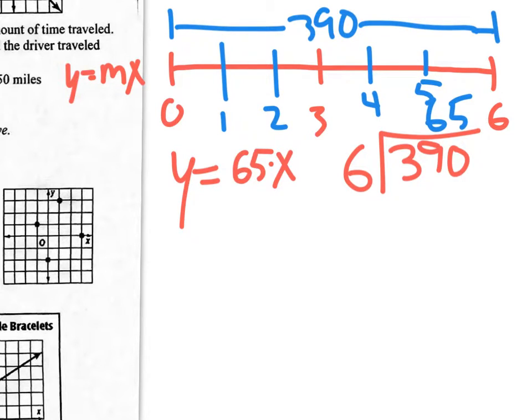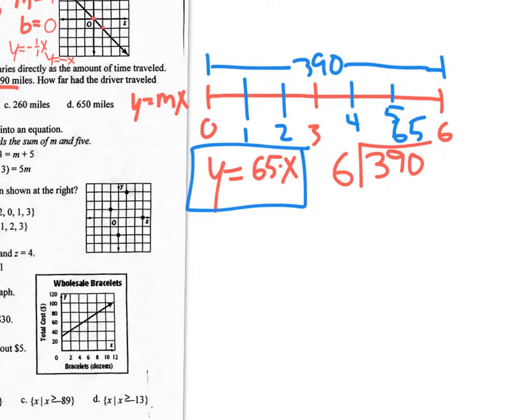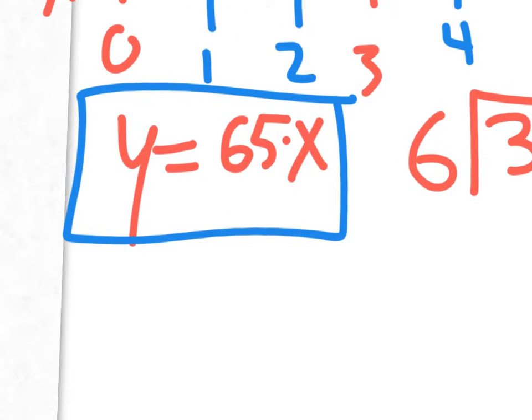So your direct variation equation is y equals 65x. Even in y equals mx plus b form, it's really 65 over 1, which means 65 miles per 1 hour. On an XY plane, you would rise 65 on the miles and run 1 on the time.